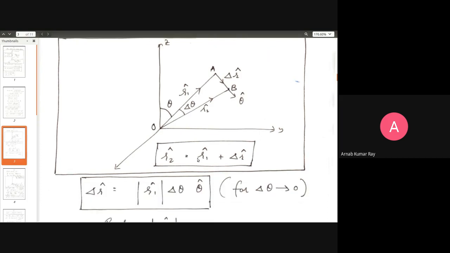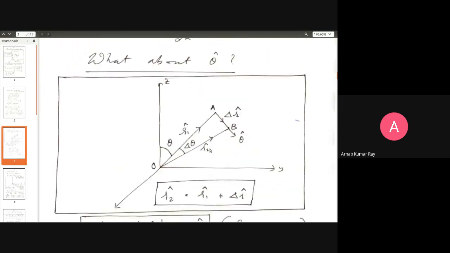So, theta cap unit vector. Remember, theta cap is in the increasing direction of a longitude starting from the North Pole. If you are at the North Pole of the Earth, and you are coming down from the North Pole towards the equator following a line of longitude, then you'll be traveling along a great circle, along the circumference of the Earth, which is a circular path, well, nearly a circular path.